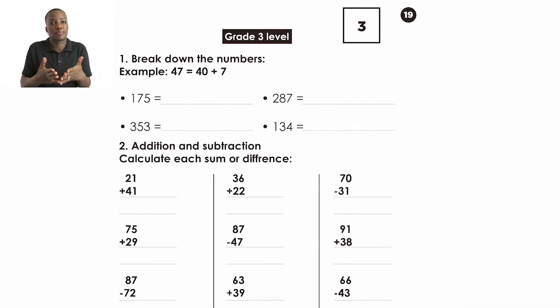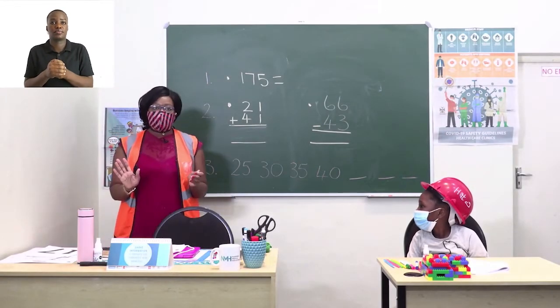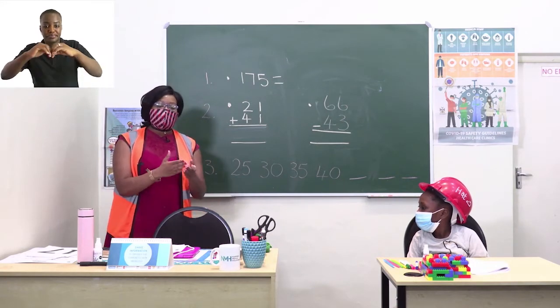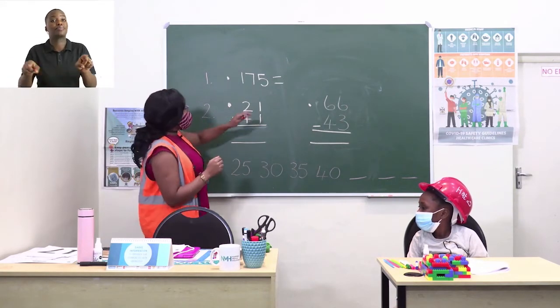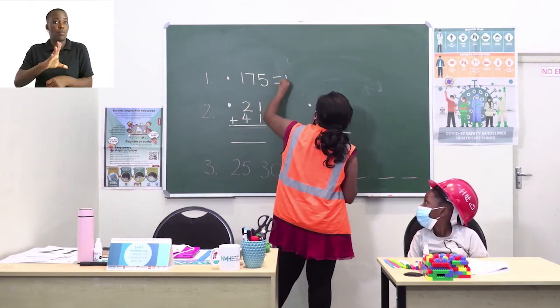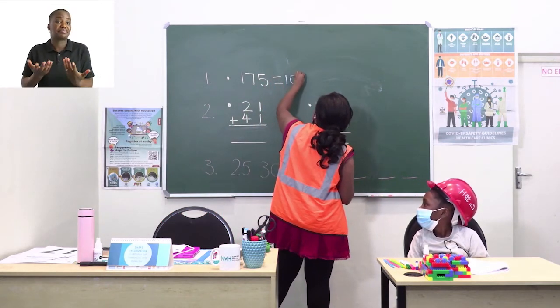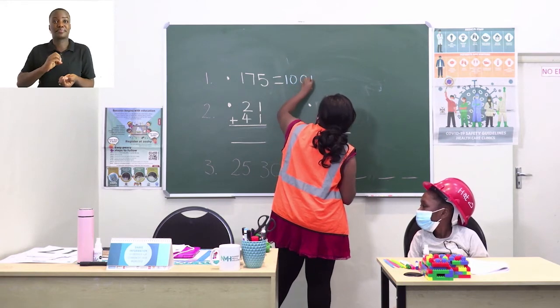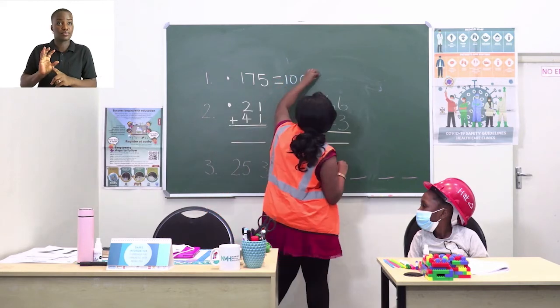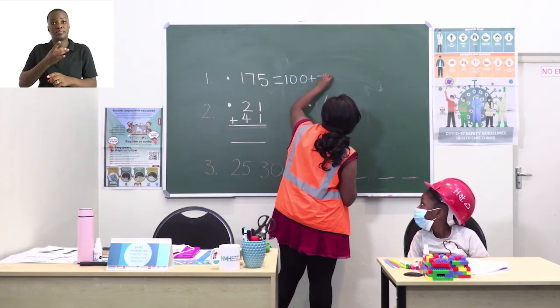Let us take a look at the board. Now what you have to remember is that when we are breaking down a number, it is exactly how you say it. So if I say 100, then I must write 100. And 70, we will write 70.